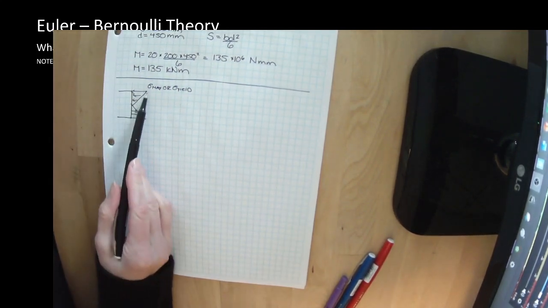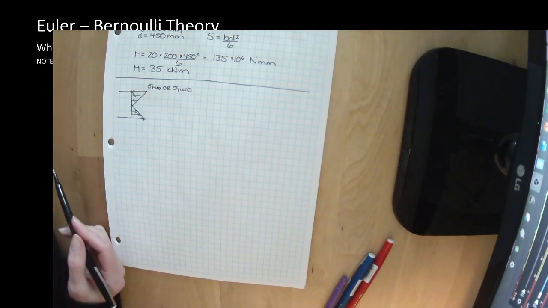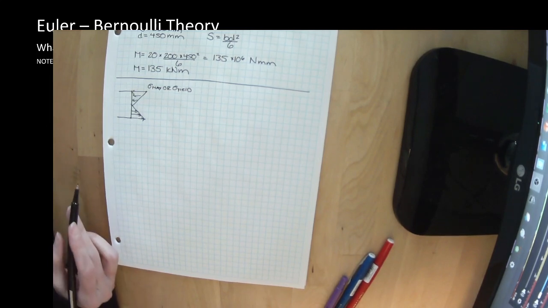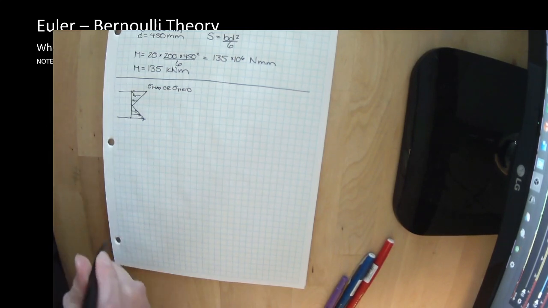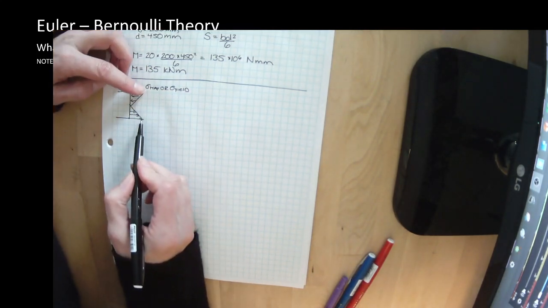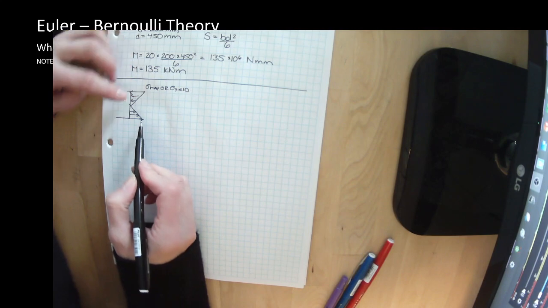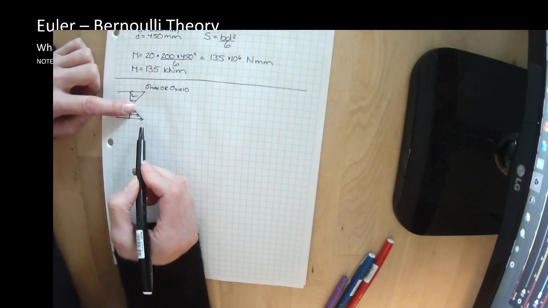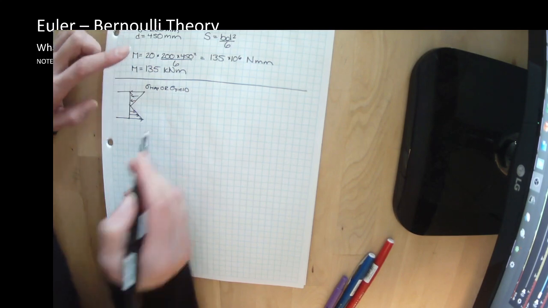If it's a brittle material, once we hit that maximum point there, it fails. If it is a ductile material, we would start to get large deformations at the top and bottom, but look, we wouldn't have reached our maximum stress in here.